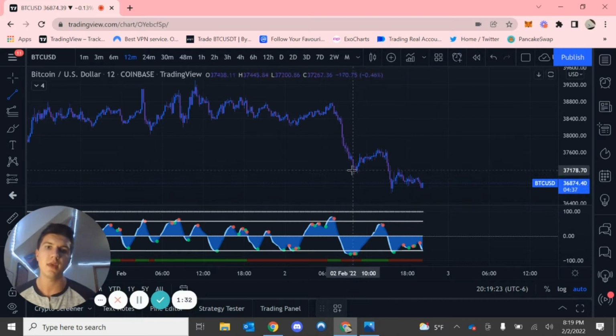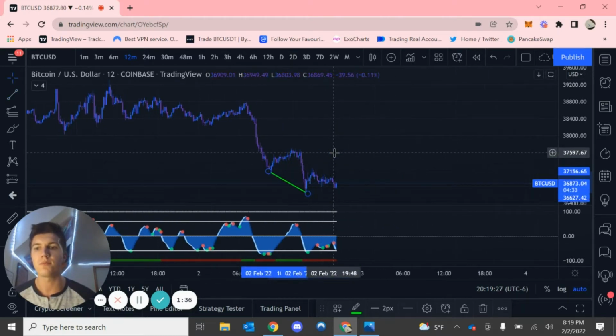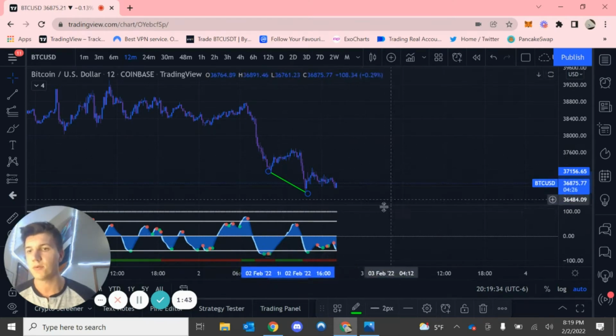I'm going to be using a trend line and simply looking for places where our price and our indicator are doing opposite things.